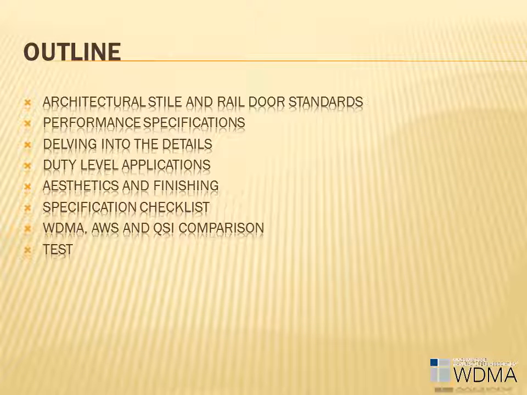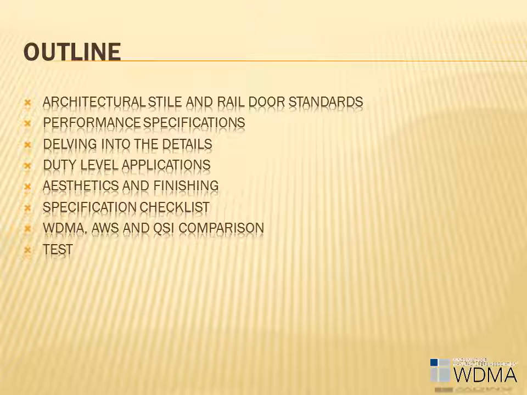This presentation is divided into 7 sections. It begins with a general discussion of architectural stile and rail door standards, and then goes into the performance specifications of ANSI WDMA I.S.6A. It then delves into greater detail about some of the testing and requirements of the standards, and the duty level applications and how they are measured and evaluated.